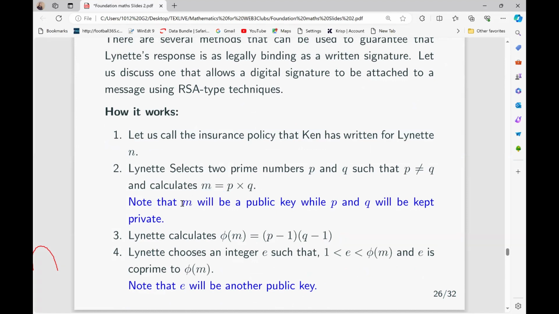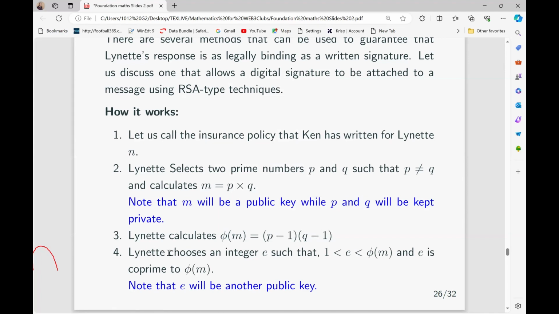And remember, as we did for the RSA algorithm, M will be a public key. P and Q will be private. After getting M, she uses P and Q to find phi of M, just as we did. The formula is P minus 1 times Q minus 1.